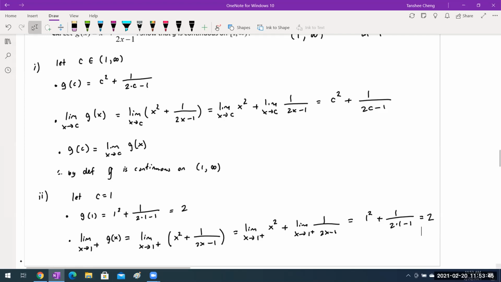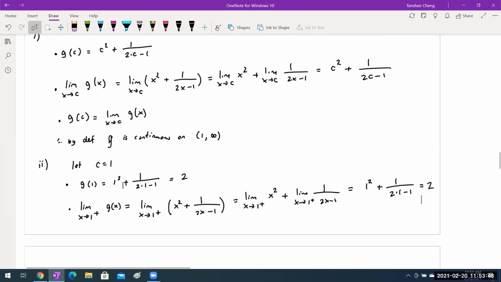So now in this situation, the function value and the limit value are the same.